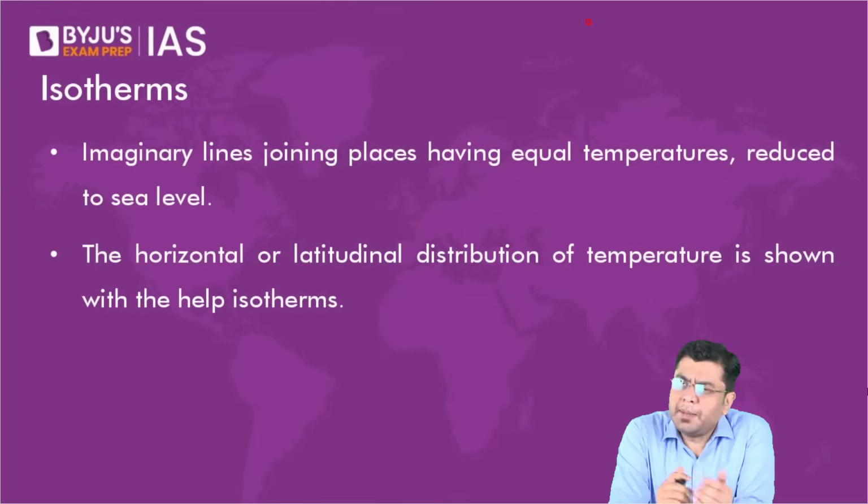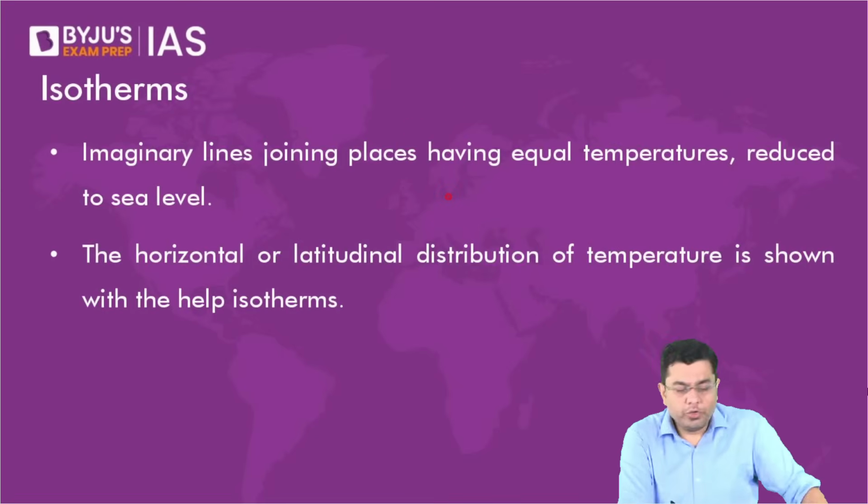No. So temperature distribution is expressed with the help of isotherms. What are isotherms? Isotherms are the imaginary lines which end up joining places indicating equal temperature. Iso means similar, therm means temperature.